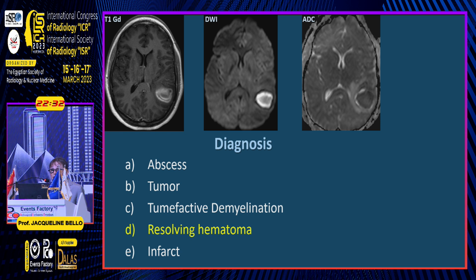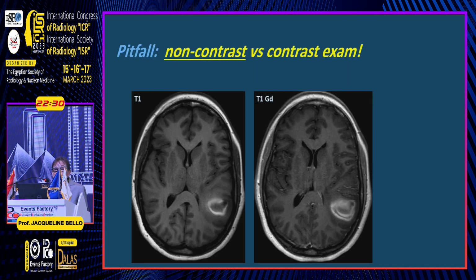This is a resolving hematoma. So the pitfall here, the first images I showed you, the image on the left, those of you who said tumefactive demyelination, maybe you thought this was contrast with an incomplete ring. This was non-contrast, and with gadolinium, you see more complete enhancement.